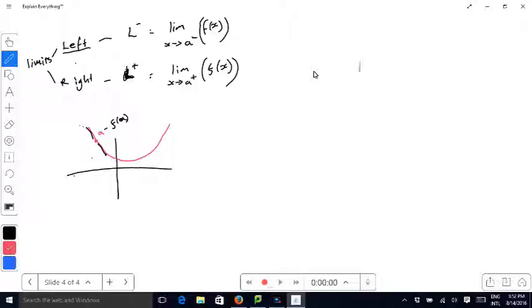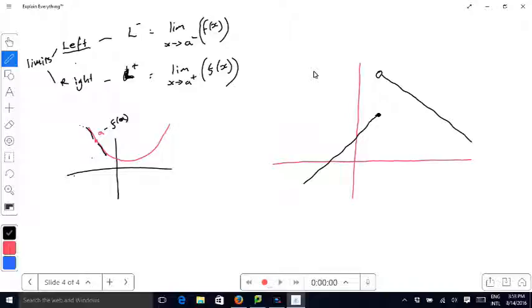So for the example, I might have this function here. I've got two straight lines, and they stop at the point x equals 2, and I'm interested in what happens on the left and the right at that point. Well, for this example, I'm going to say that point there is going to be 4, and that's going to be 6.